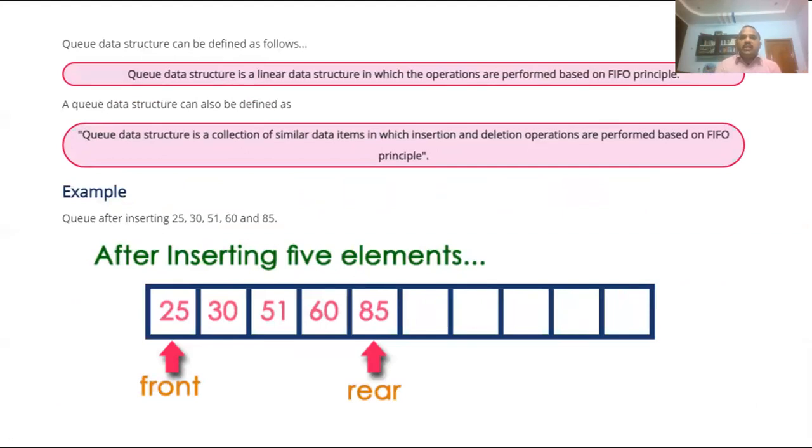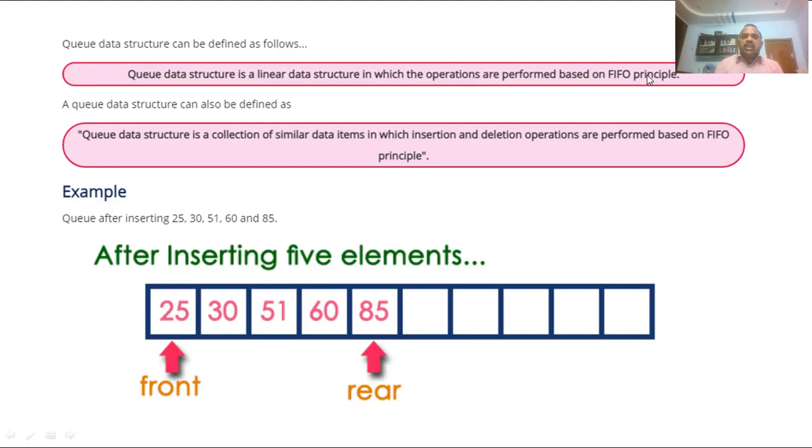Yes. So queue data structures can be defined as follows. Queue data structure is a linear structure in which the operations are performed based on FIFO principle. Clear?